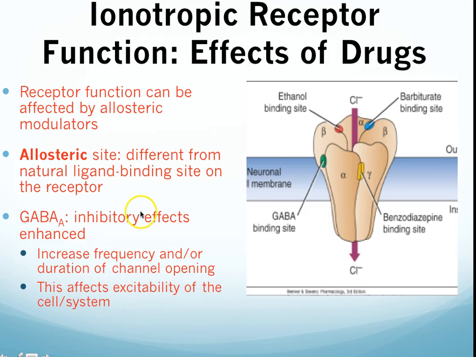But the reason why these work is because GABA is going to let in chloride ions anyway. But when you have some kind of allosteric modulator, like, for example, a barbiturate or ethanol, what they're going to do is bind to the receptor and alter the function of the receptor, either by increasing the number of times that it opens, okay?